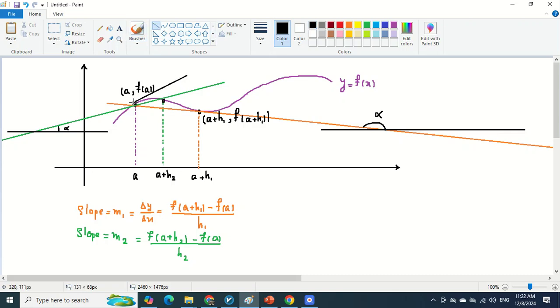What does it mean, the tangent line? This will be a tangent line at the point A, and as you can see, this slope is closer to the green line than the orange line.